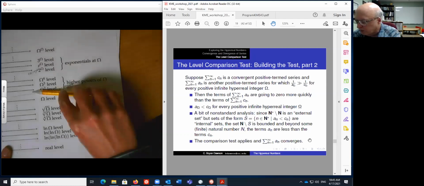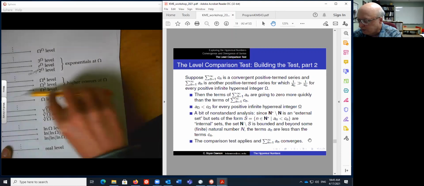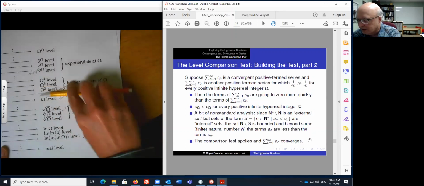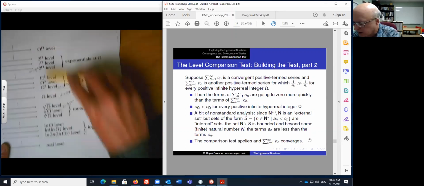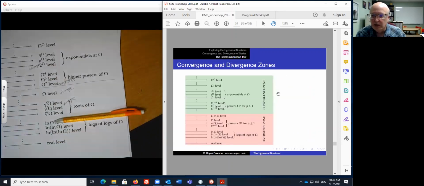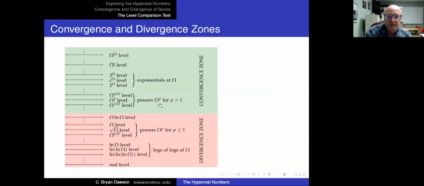So if you know that you have a sequence for which 1 over a sub n gives you one of these levels, anything else that gives that to you or higher will converge. Or same idea with diverge. And that's going to give us then convergence and divergence zones. So anything where 1 over a sub omega gives you one of these levels is in the convergence zone, and your series will converge. Down here, these are in the divergence zone, and your series would diverge.